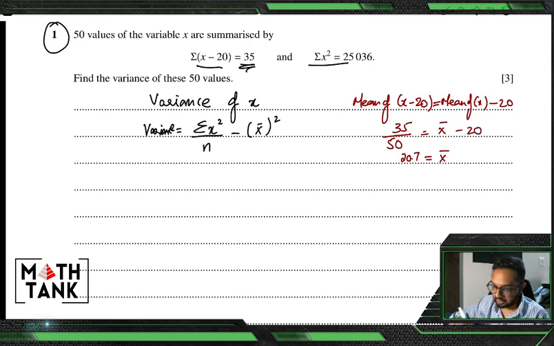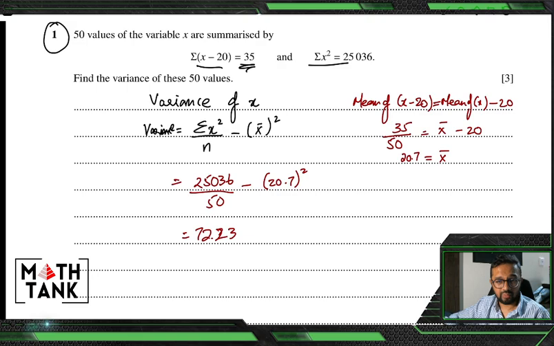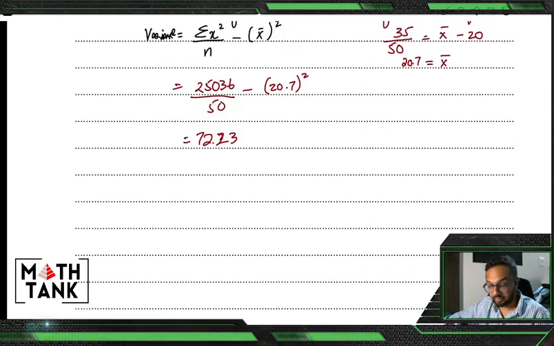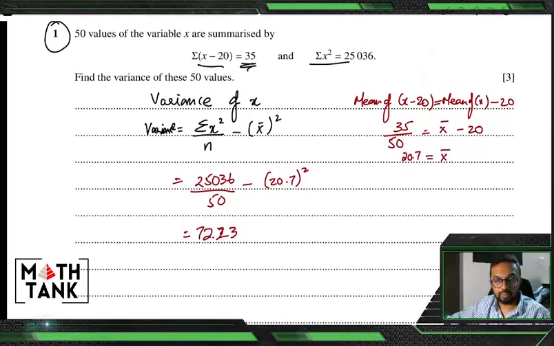I hope that's the correct answer. Okay, then sum of x squared is 25036 divided by 50 minus 20.7 squared. It's giving me 72.23. Let me check if that's the correct answer. Sounds a little odd, but these questions are generally that way. Number 52.